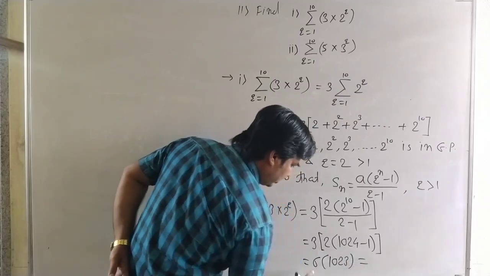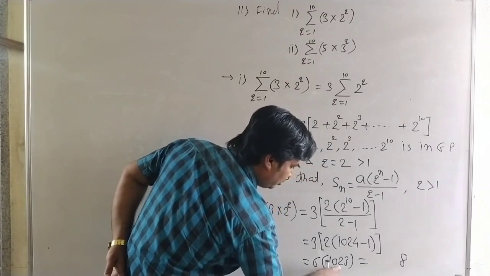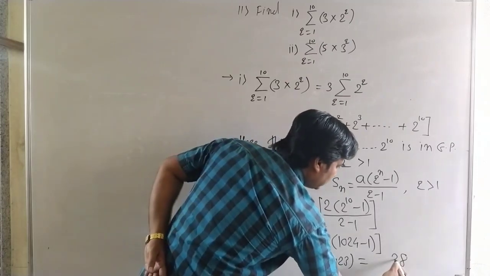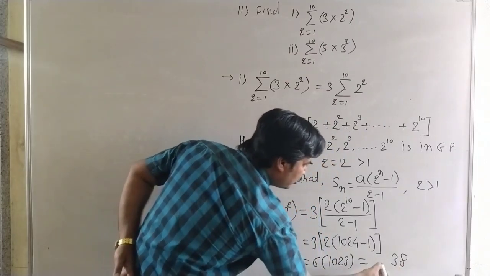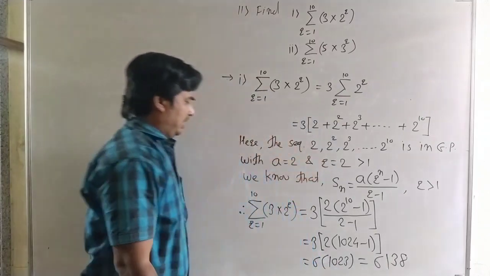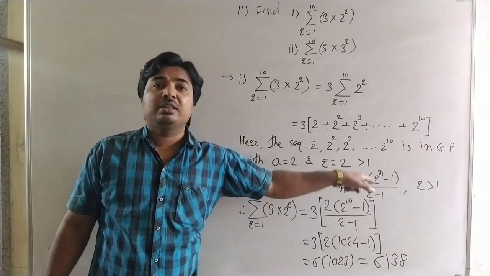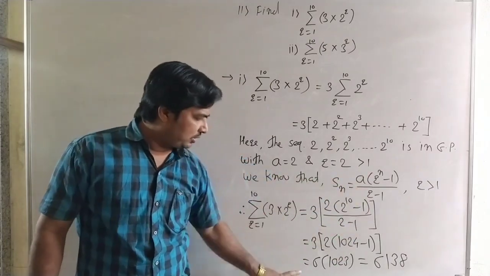The calculation: 6 into 3 is 18, carry 1; 6 into 2 is 12, plus 1 is 13, carry 1; 6 into 0 is 0, plus 1 is 1; and 6. The sum of this term is 6138. See carefully the calculation.